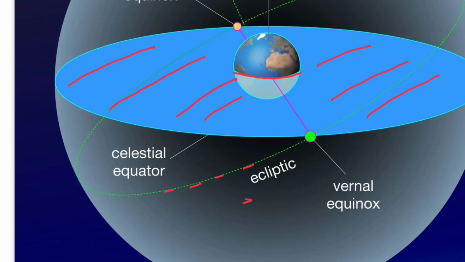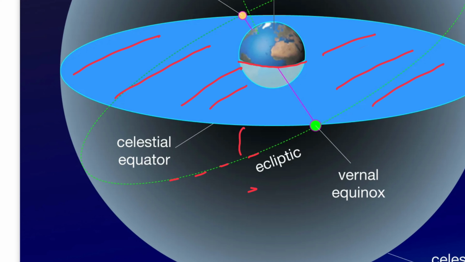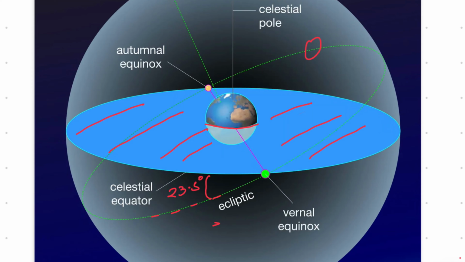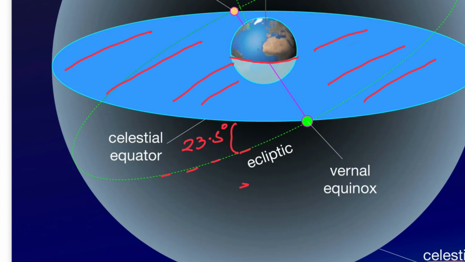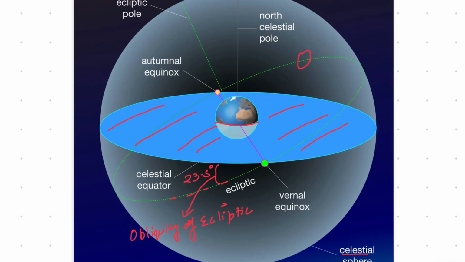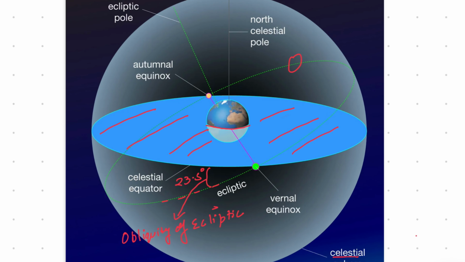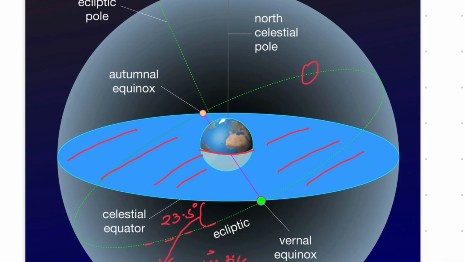Now the sun is revolving around the Earth, we are just imagining it. Okay, and the angle between this celestial equator and this green line which the sun is following is 23.5 degrees. Okay, and this angle is also known as the obliquity of the ecliptic. Okay, and guys, our Earth is tilted, and it is tilted around 23.5 degrees.